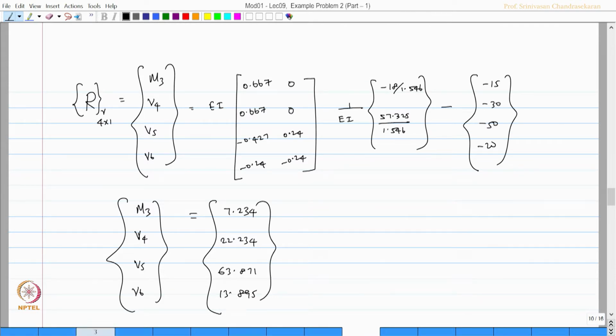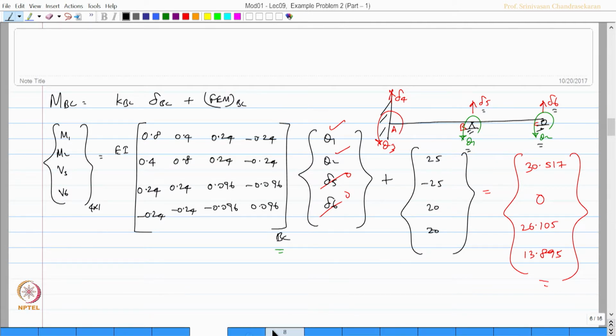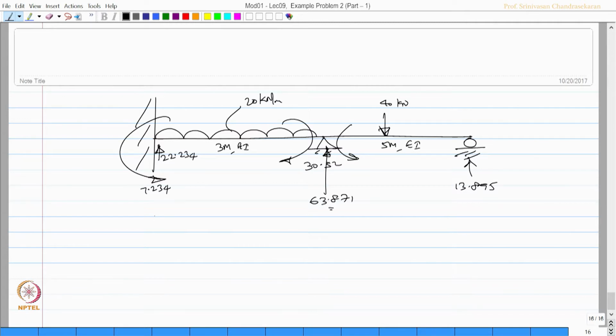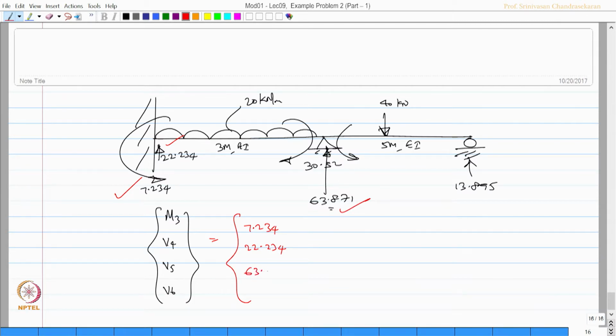So, let us compare the results what we have with this here. So, I can say the M3, V4, V5 and V6 will be essentially this value 7.234 and this value 22.234 and this value which is 63.871 and this value which is 13.895.